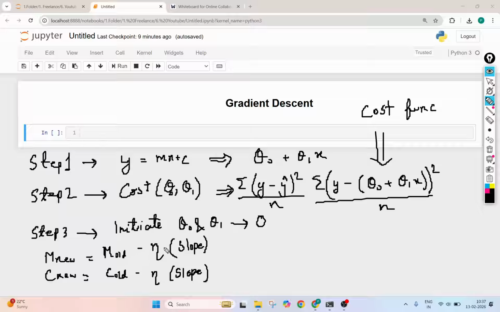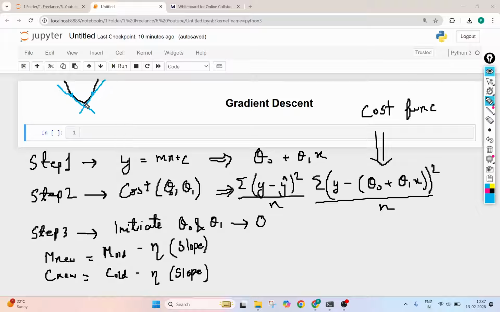Now let's come to each of these variables. What is slope to start with? We'll come to the learning rate, but what is slope? Slope is nothing but the differentiation. So we know that a quadratic function looks something like this, right? Slope means at any given point, what is the slope? So this is one slope.